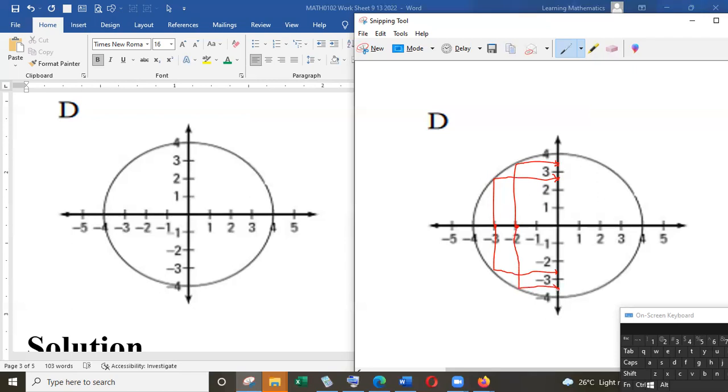So can anybody tell me what kind of mapping is going on there?